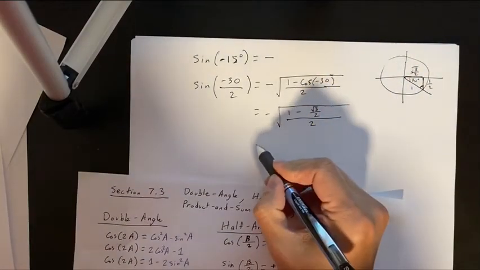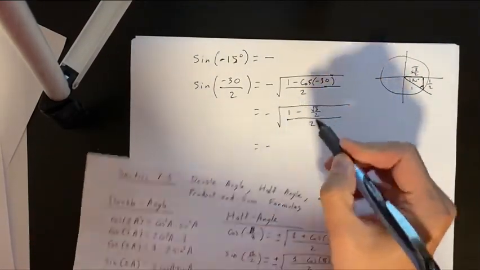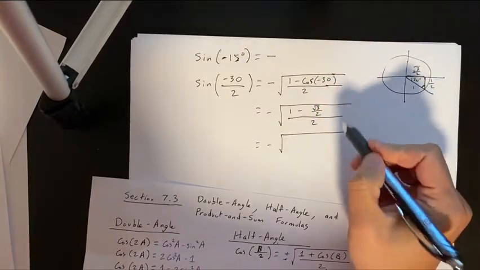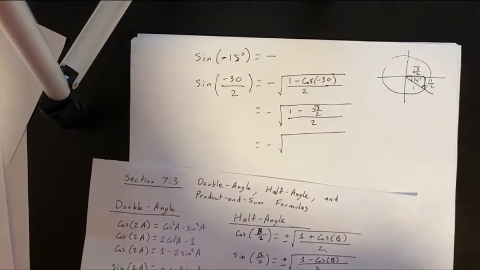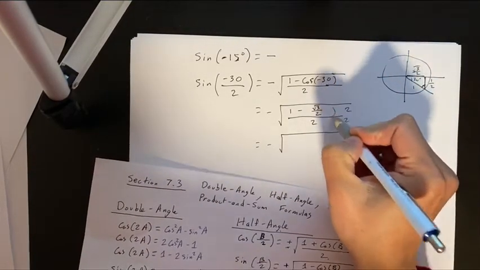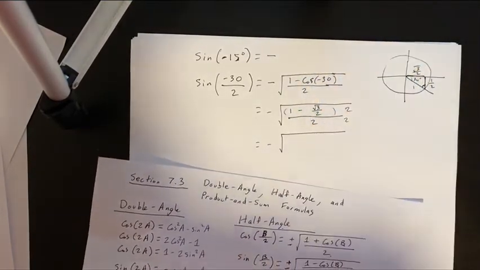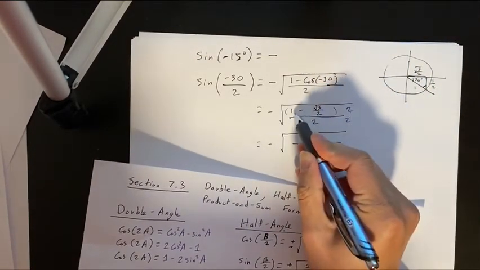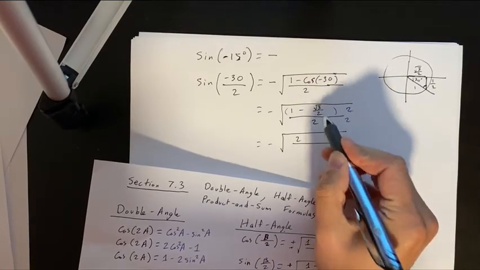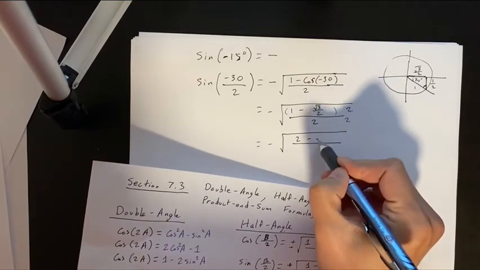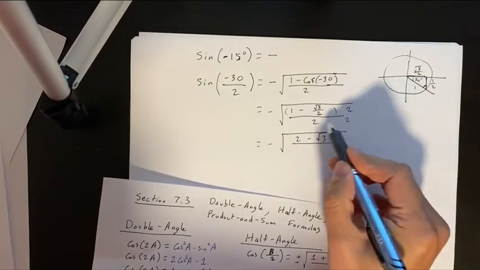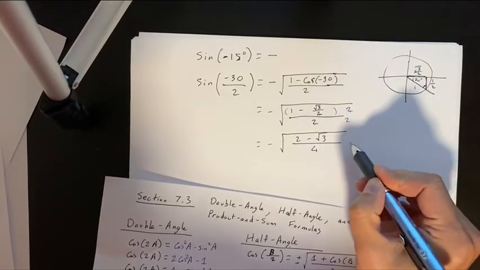And now you just clean this up. At this point, it's just all algebra. We're going to multiply top and bottom by 2. Multiplying by 2 top and bottom will give me a 2. 2 times this guy would just be root 3 because the 2 will just cancel. And 2 times 2 is a 4.